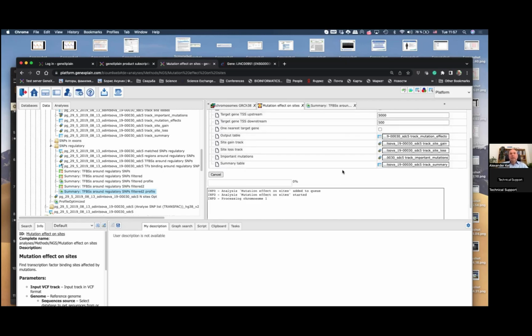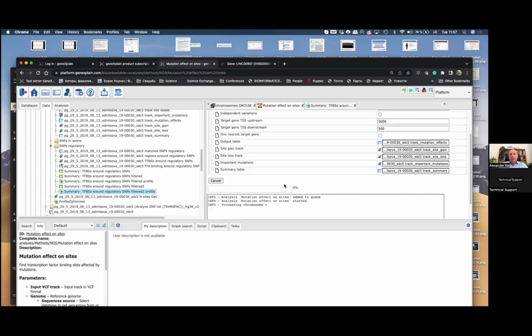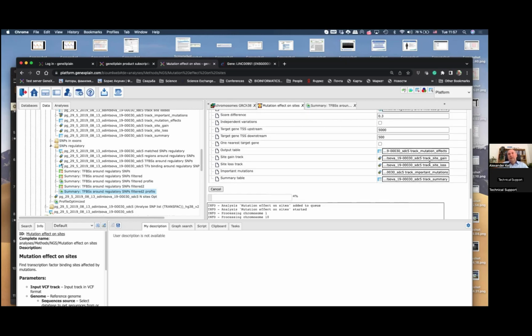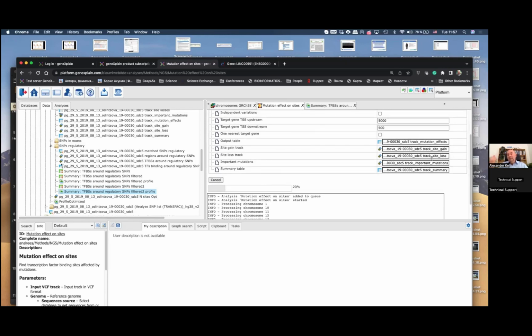Now it's taking again the whole list of 600 SNPs, and it starts computing, taking each SNP individually and computing what effect this SNP has on different motifs, whether it will kill the motif or create the motif, and then it will list those motifs in a file.